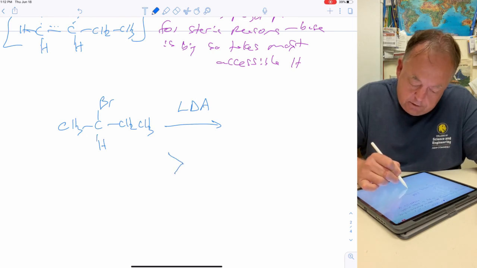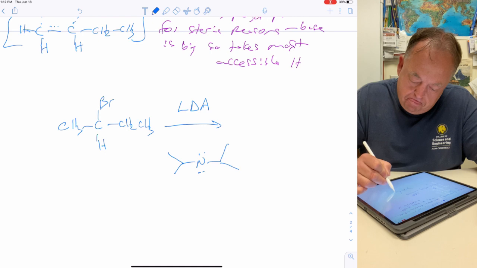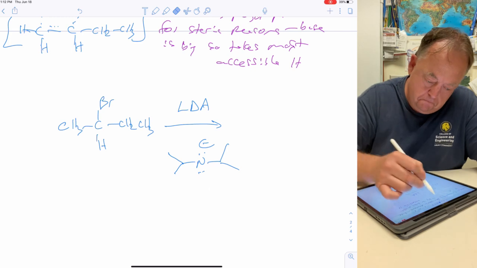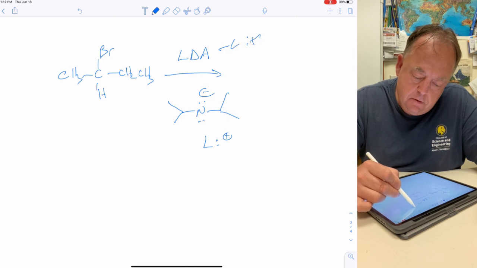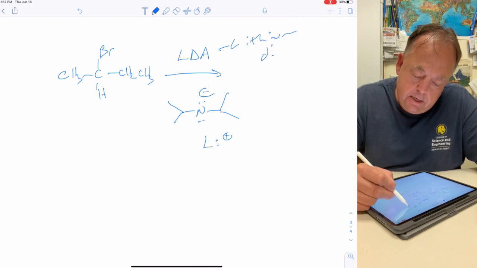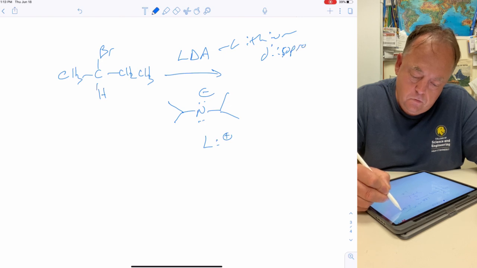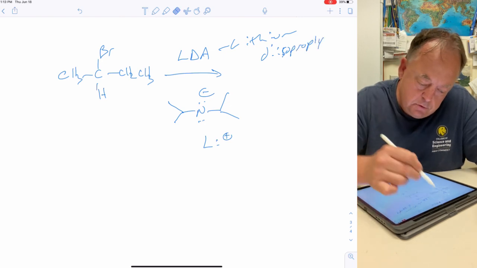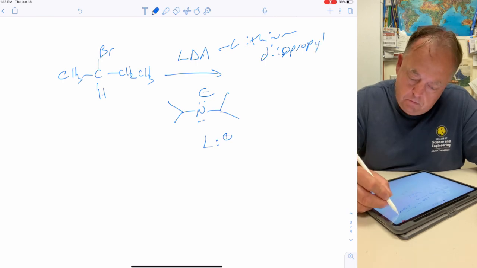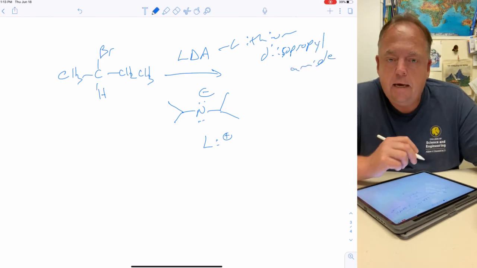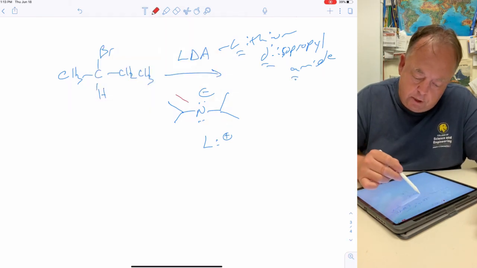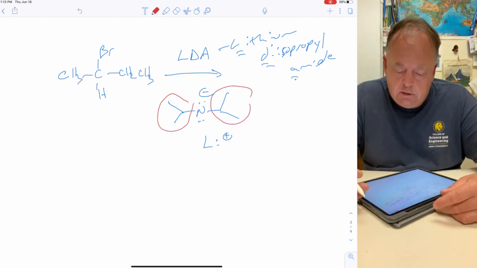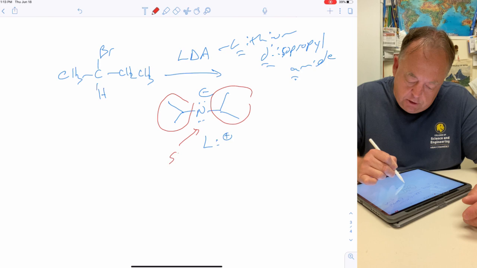So LDA is this. It's an acronym for lithium diisopropylamide, LDA. So it's a bulky base again, because of the two isopropyl groups. So it's pretty big, so it's going to make it sterically crowded around nitrogen.